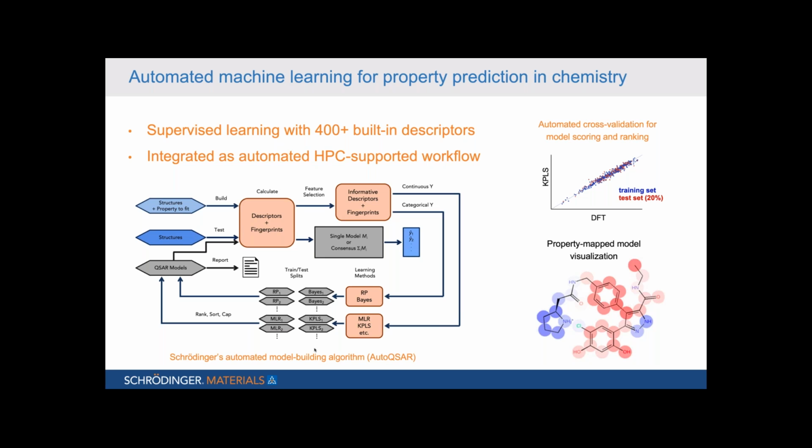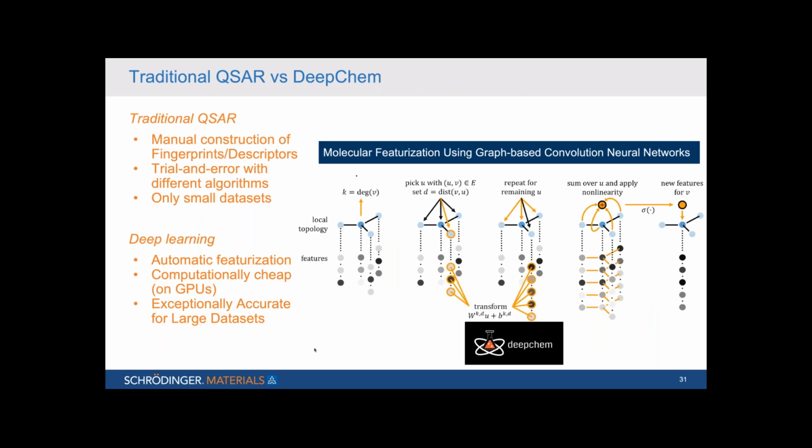And then in some cases, if we're using property-based models that are based upon fingerprints of the fragments of the molecules, we can show you, and the lower right-hand corner is a good illustration, what properties are contributing, based upon a chemical fragment, either in a positive or negative way to whatever model you've trained or built. I'll give you a simple example in a minute.